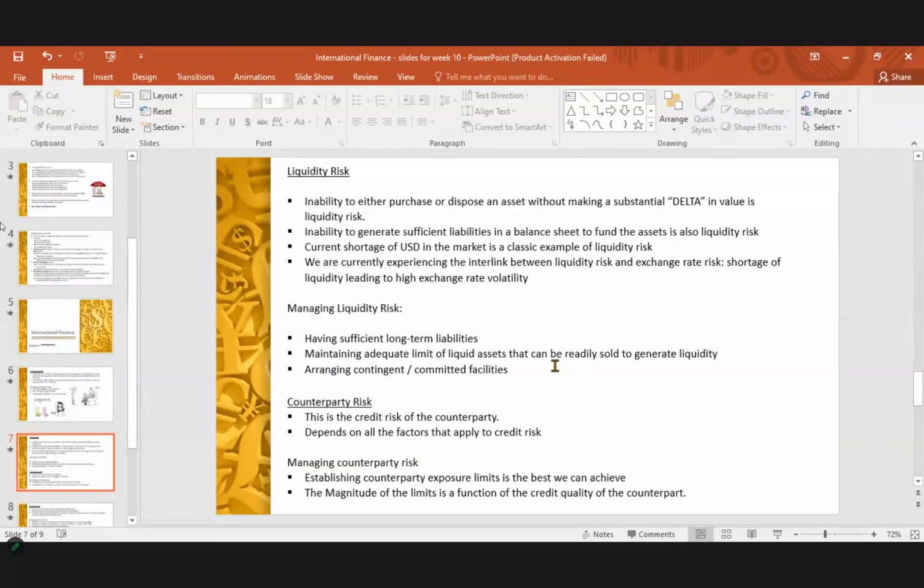So that's another way of managing liquidity, having sufficient liquid assets or having sufficient long-term liabilities. Or you can have contingent facilities arranged. If I face a liquidity situation, I can go to somebody. That also is one way of managing liquidity risk. So that's the second risk.